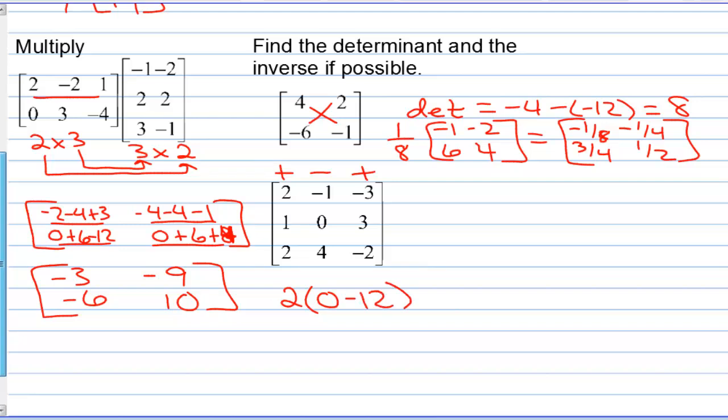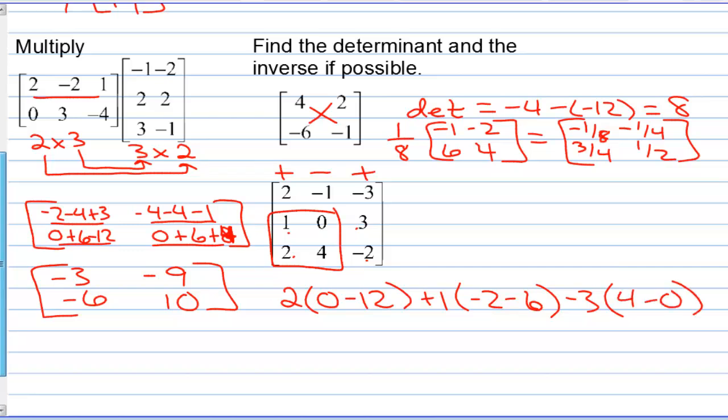Then we take a negative 1 times a negative 1, that's plus 1 times, cross out the row, cross out the column, you get negative 2 minus 6. And then plus 1 times negative 3 is a negative 3, and you're left with finally that little matrix right there, which is 4 minus 0.